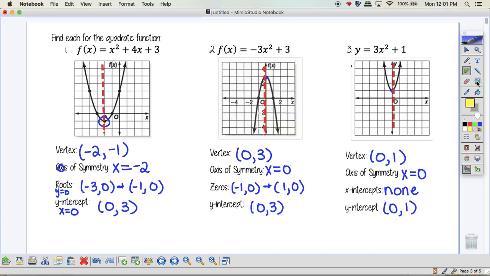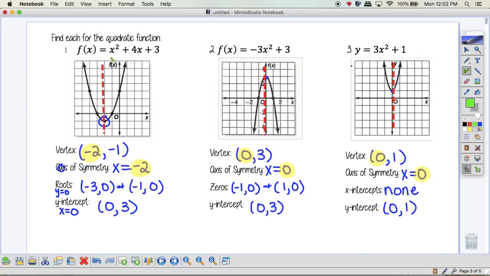Something I do want to point out, though, is first of all, the x in the axis of symmetry is always going to be the same as the x in the vertex because the axis of symmetry will always go through the vertex. Something else I want to point out is I want to look at what you think would make the graph be upside down.